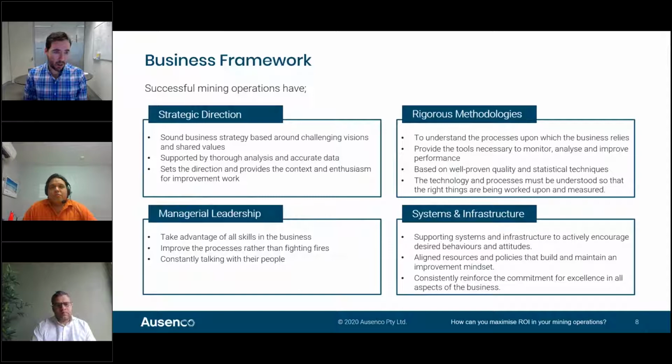So successful mining operations, this is, I guess, a thread that we've seen, but the really successful companies and mining operations set a strong strategic direction. That's often at the board or COO level. They have rigorous methodologies that allow them to understand where the value is and where it isn't, and justify decisions based on those methodologies.